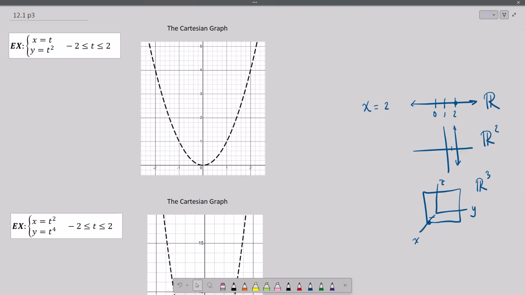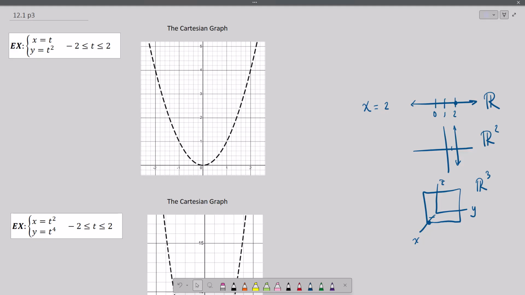So if we're in 3-dimensional space, we would have x equals a function of t, y equals a function of t, and z equals a function of t. That's going to tell us that we have a curve in 3-dimensional space if we have an x, y, and z, and they're each functions of t.